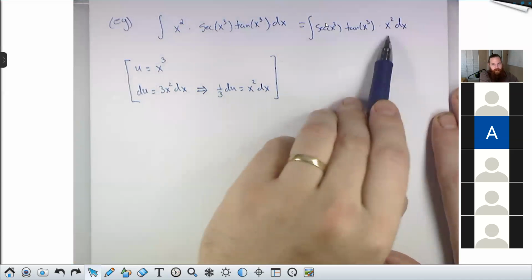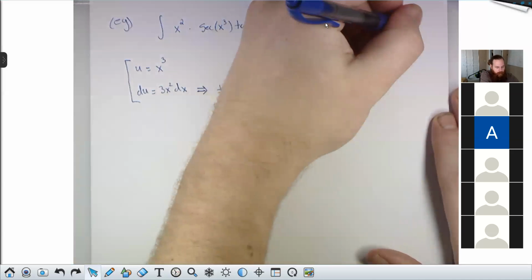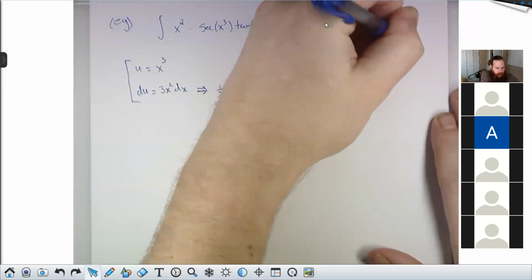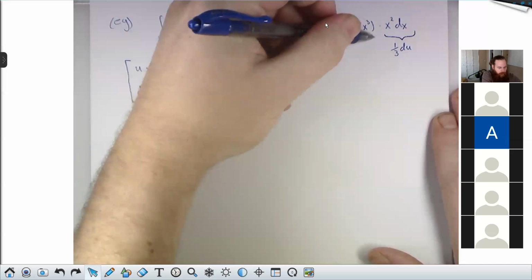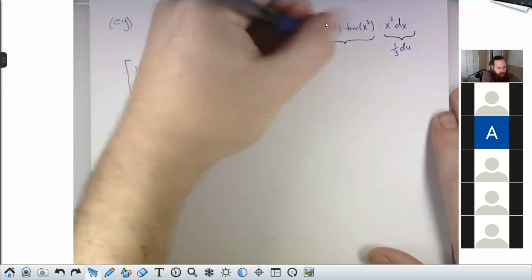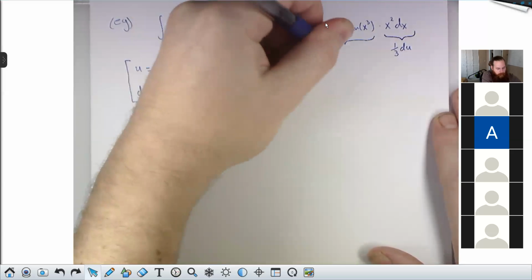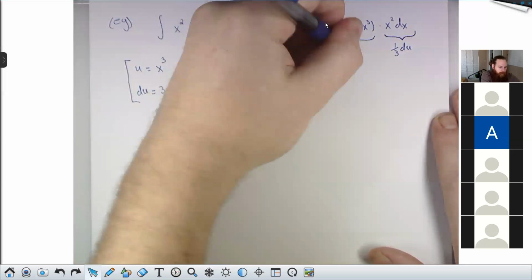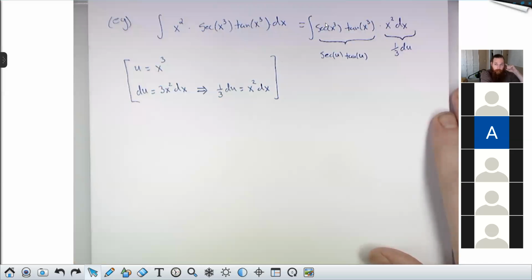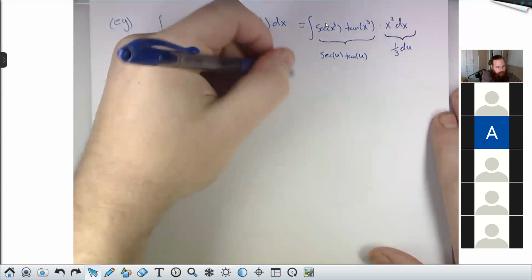So this piece isn't exactly du. This piece is 1/3 du. And this piece is secant u times tangent u. So my integral does get nicer when I make this substitution.